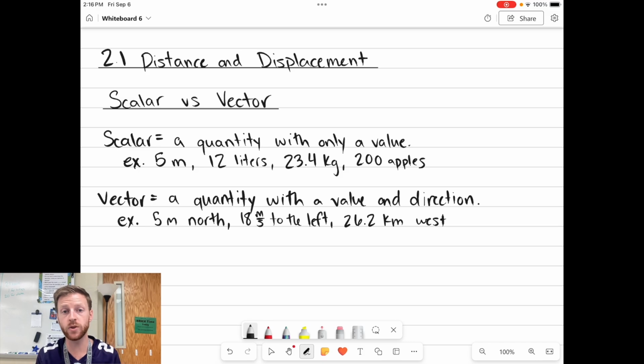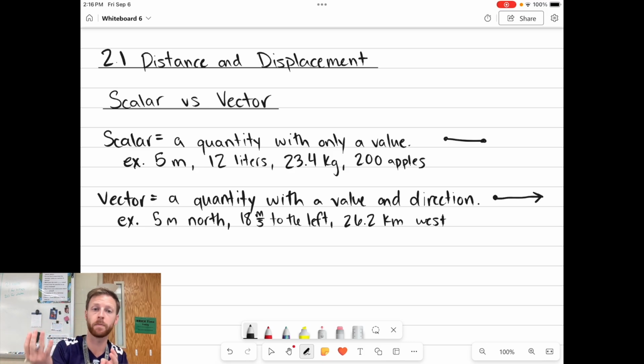Now, some ways we might represent these. An easy way to think about a vector is that it is an arrow. It starts somewhere and it's going in a direction, as opposed to a scalar, which can be represented just by a line. A line can exist anywhere. It can go in any direction, but an arrow, as soon as you move that arrowhead, you're changing information. You're pointing in a different direction. But a line is just a line. So it's a good way to think about those.